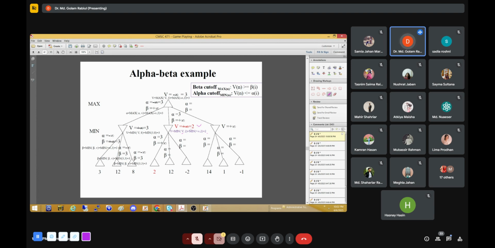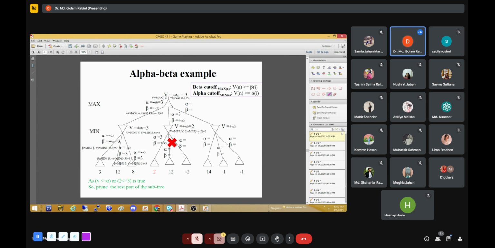Now after updating the V, we have to check for the cutoff. This is the min node, so on that min node we have to apply the alpha cutoff. For the alpha cutoff, we check whether V of n, which is 2, is less than or equal to alpha, which is 3.